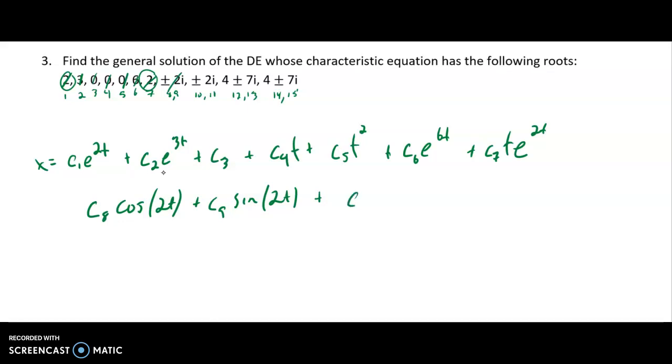So I get plus c10. I want to do a cosine of 2t, but it needs to be linearly independent, so I put a t on it, plus c11 times t times sine of 2t.